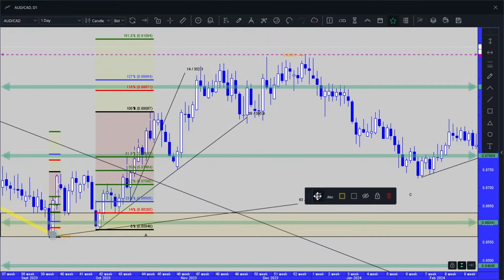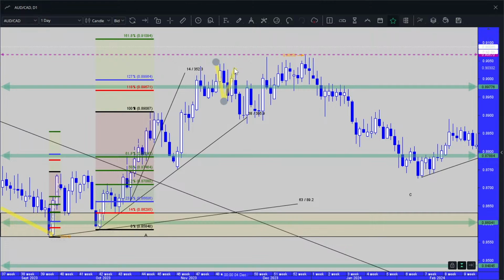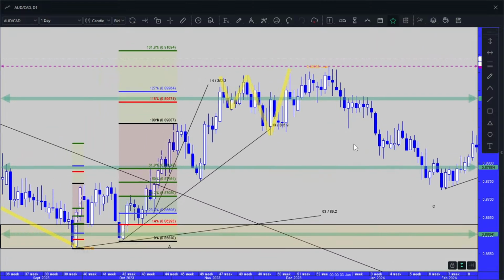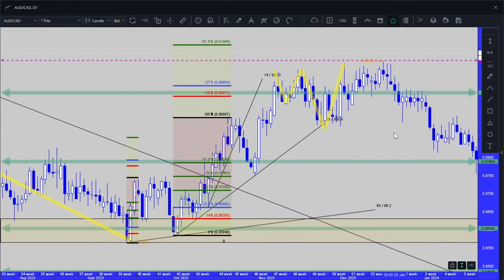Don't we have left tip, center tip, higher high?